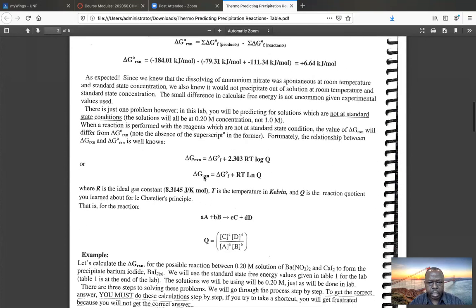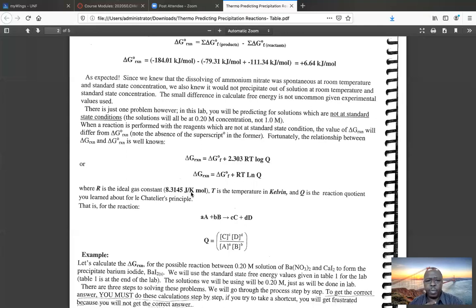At non-standard state, it is delta G naught plus RT ln of Q, where R is the universal gas constant, 8.3145.